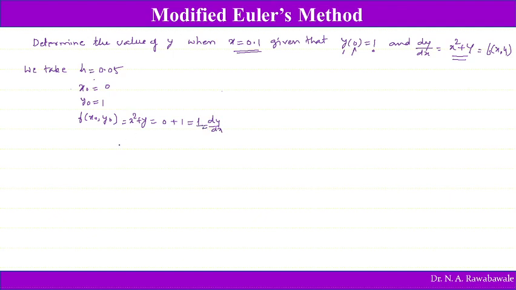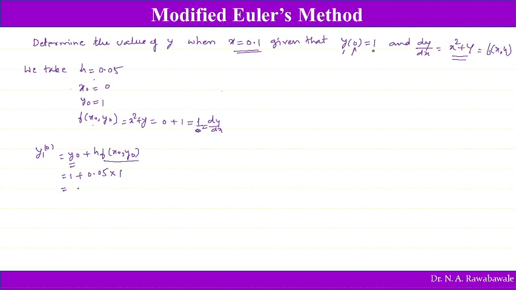Now to find out the first iteration y1, the 0th iteration, we get y naught plus, by simple Euler's formula, h into f of x naught comma y naught. We know y naught value is 1 plus h value is 0.05 into f of x naught y naught, which here is 1.